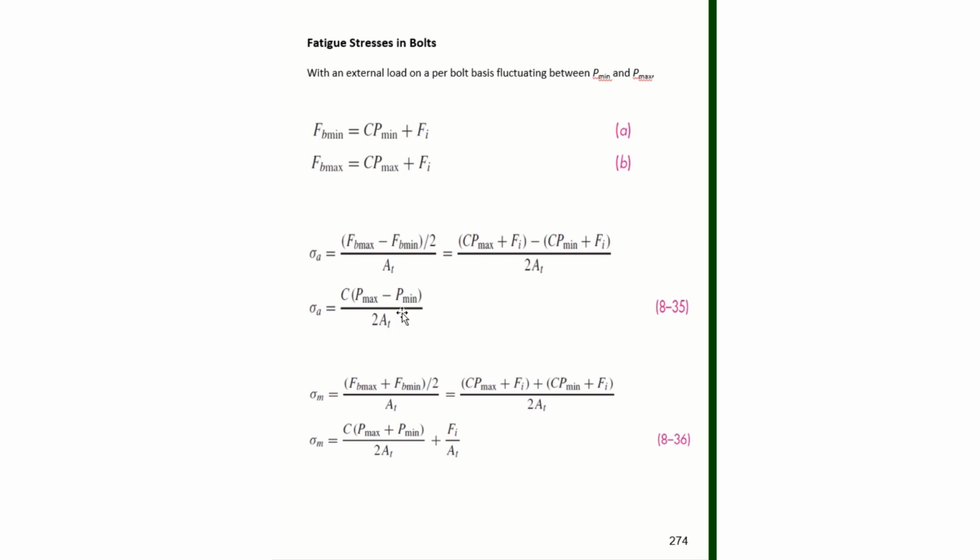To compute the mean stresses, we also have several forms of the equation. So we need to make sure that we can compute the alternating stresses and the mean stresses in a bolt problem where the load is alternating between a minimum and a maximum value.